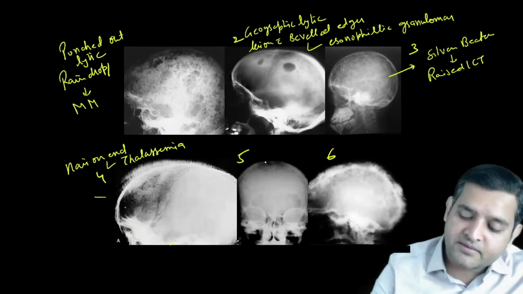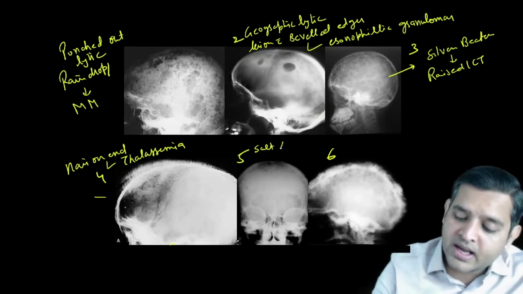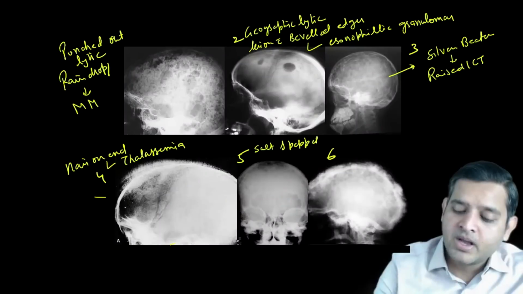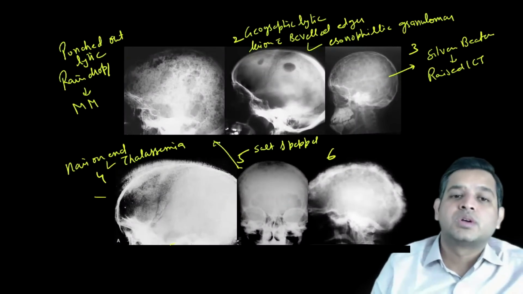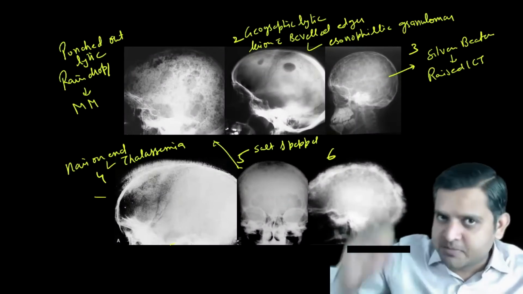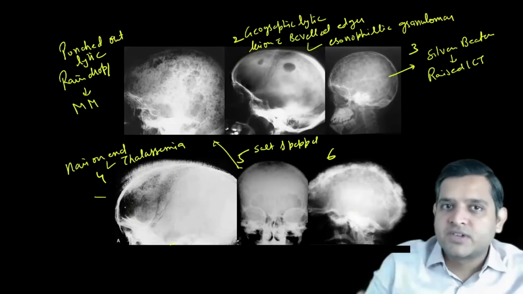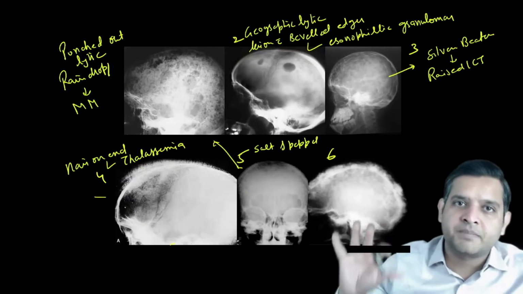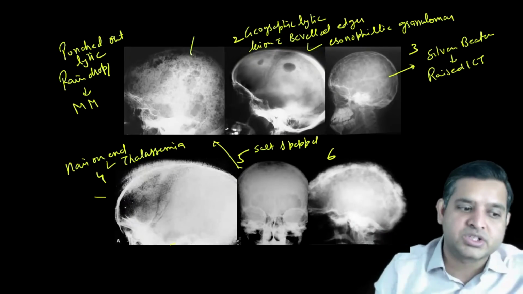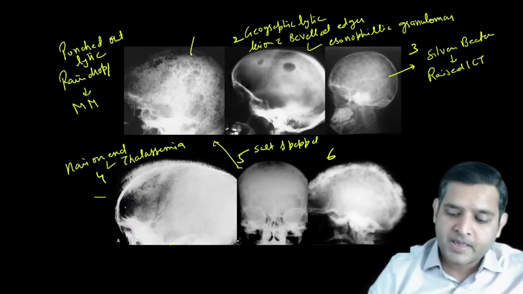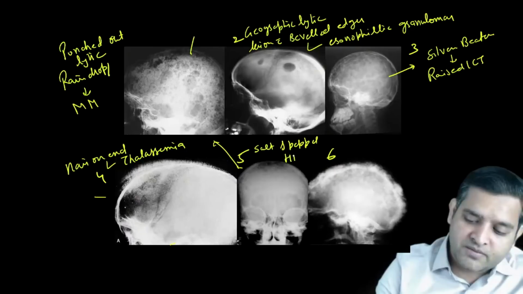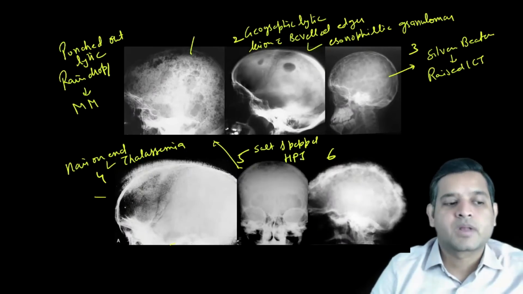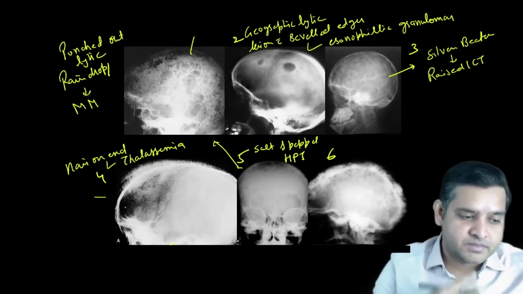Whereas if you look at 5, 5 is salt and pepper. Okay, do not confuse these two. Salt and pepper is like somebody has sprinkled some salt and pepper, which is like a grainy appearance, whereas in a punched out lytic lesion, you see well-formed lesions over there. Salt and pepper appearance is a feature of hyperparathyroidism.